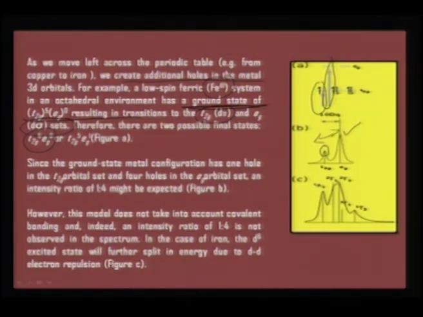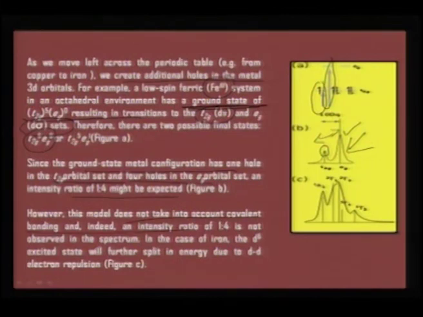Since the ground state metal configuration has one hole in the t2g orbital set and 4 holes in the eg orbital set, an intensity ratio of 1:4 is expected between t2g and eg. Depending on the number of holes, the intensity of the peak would also vary in the ratio 1:4, but it is not always true.